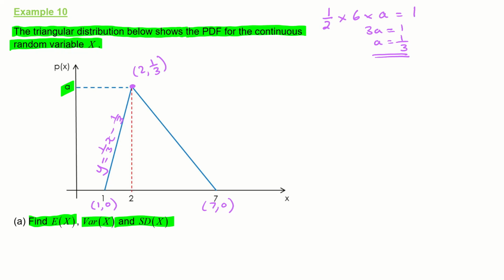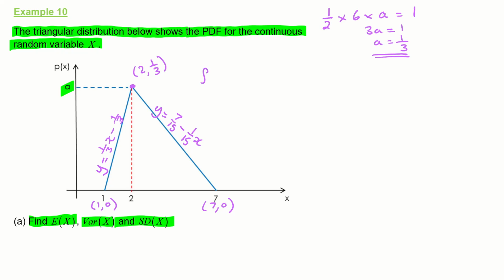And then we use (2, 1/3) and (7, 0) to work out that this line here is y is equal to 7/15 take away 1/15 of x.